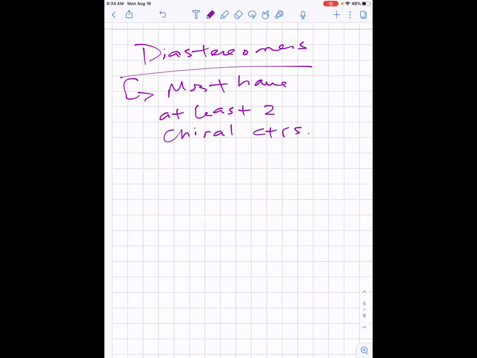All right. And so let me give you an example. A lot of times when we talk about diastereomers, you'll see these written as Fischer projections, which we're going to talk about, or, just to keep it basic, you'll see it written in skeletal form.